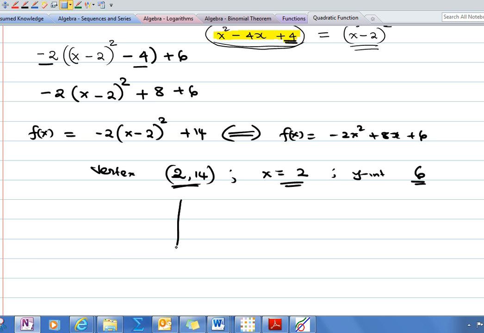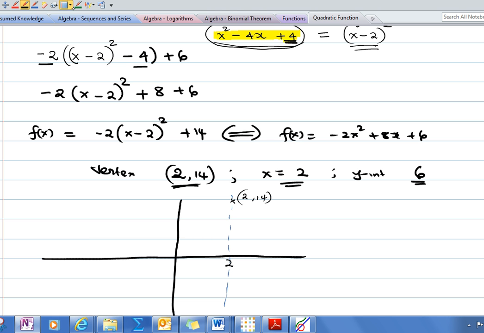That graph should look something like this. I know that the axis of symmetry is x is equal to 2. The vertex is 2, 14.